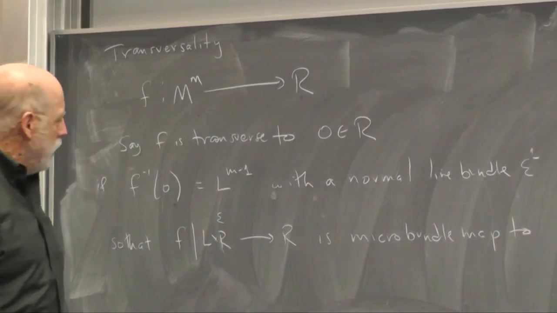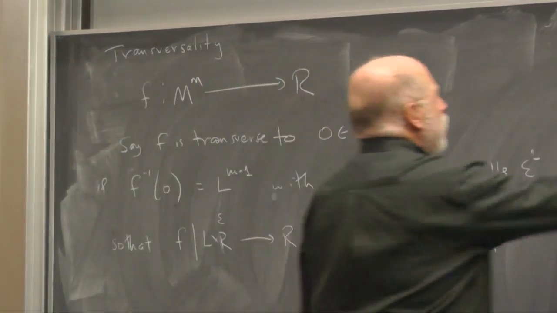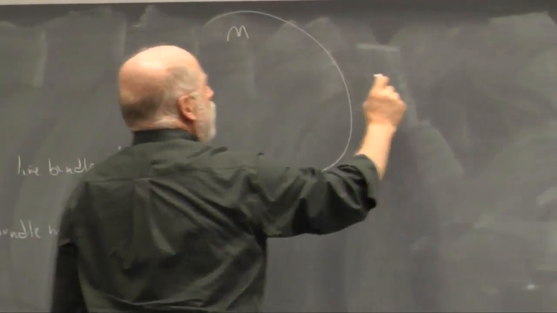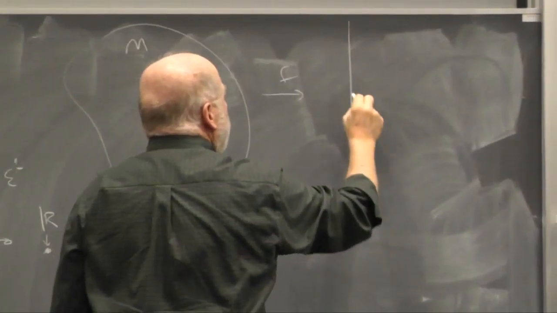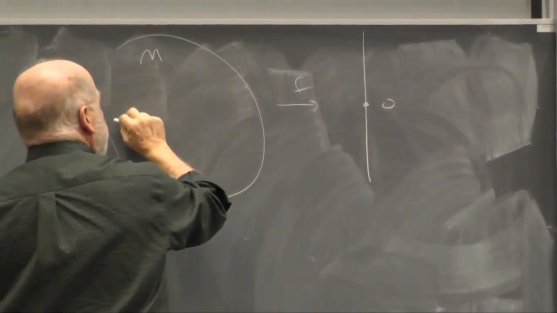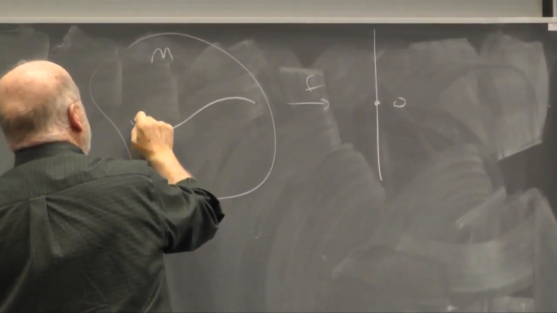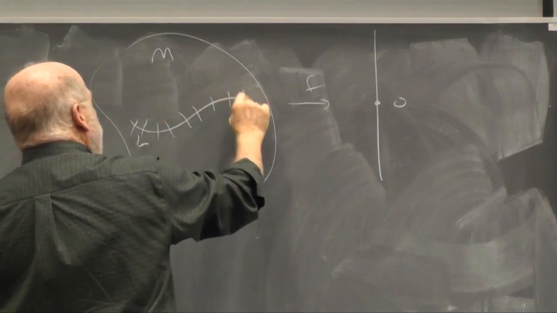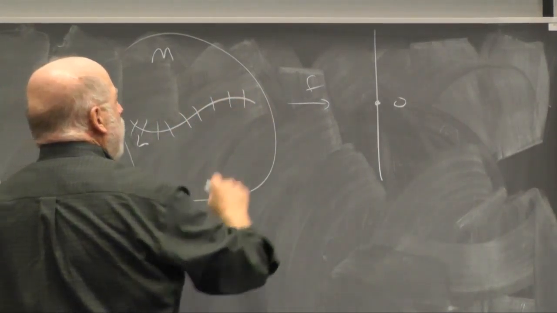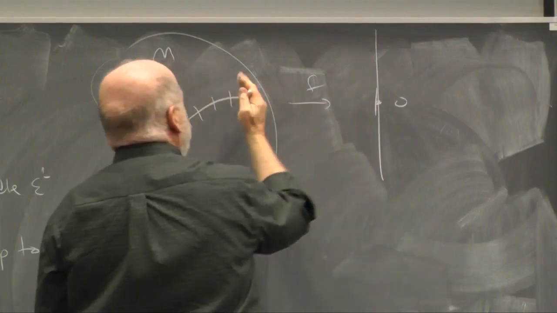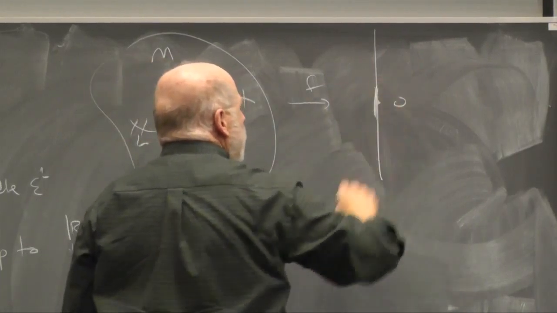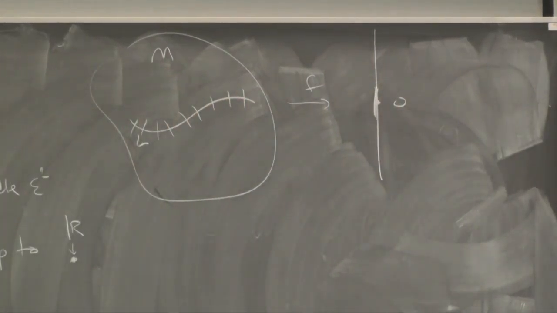So your picture is M mapping by F to R, and there's 0. So here's L, and it's got this nice little bundle, and all of these normal lines go to the neighborhood of that.